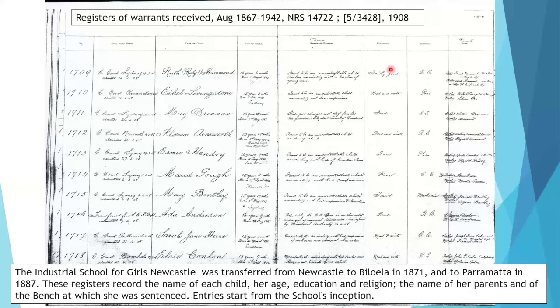Education at varying rates, so some quite good, some quite poor, and then details about their parents. So their family circumstances are given, or at least their mother's names and father's names are given there. So that can help you to identify you've got the right girl. And also, I suppose you can just say that anyone could be an uncontrollable child at 15, I suppose, but we all move through that stage.